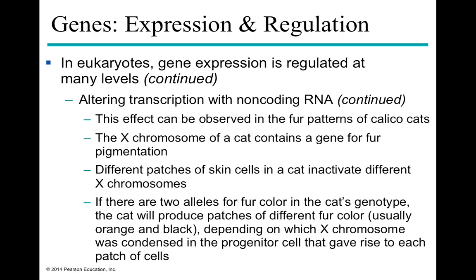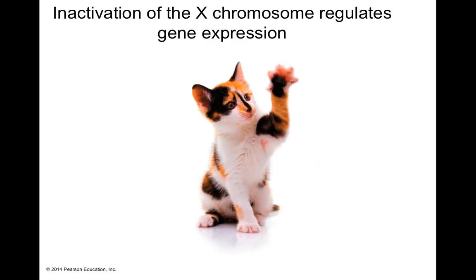We can see this in the fur patterns of calico cats, where the X chromosome of a cat contains a gene for fur pigmentation, and sometimes you can have an X chromosome that codes for tabby, and sometimes you can have an X chromosome that codes for yellow, right? So if we have one fur color that's orange and one fur color that's black, depending on which X chromosome gets condensed in that progenitor cell, that's then going to give rise to everything in that entire patch of cells, and you can end up with patches of fur color on their coat, and that's what this looks like.